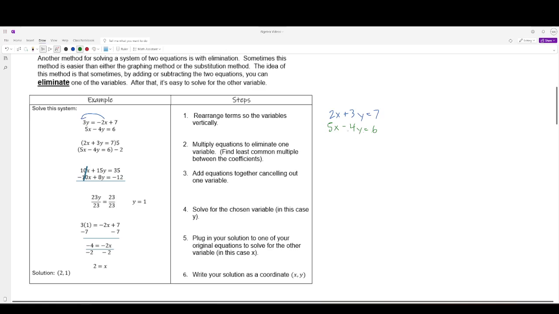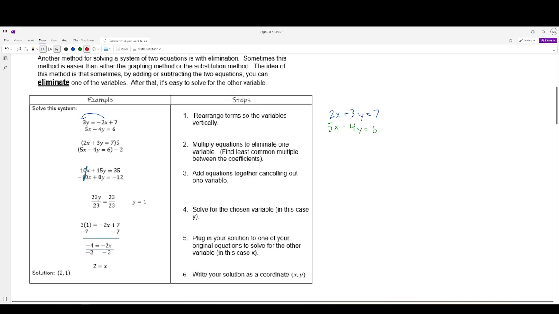If I add these together right now, I get 7x minus y is equal to 13, which isn't really better than what we already had because there are still 2 variables. I can only solve an equation for one variable. So that's close to the right idea, but we need another step.